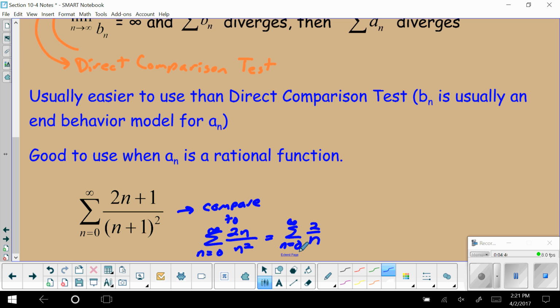Now technically, n couldn't be 0, but we would just say n starts at 1, because whether it converges or diverges as n goes to infinity is what I care about. So I need to see, does this series converge? Oops, sorry, I can't make that decision yet. I need to compare these now with my limit comparison to see if they're going to behave the same way.